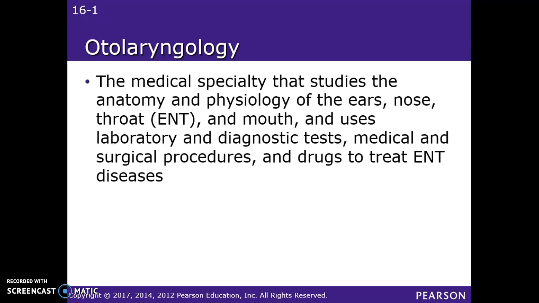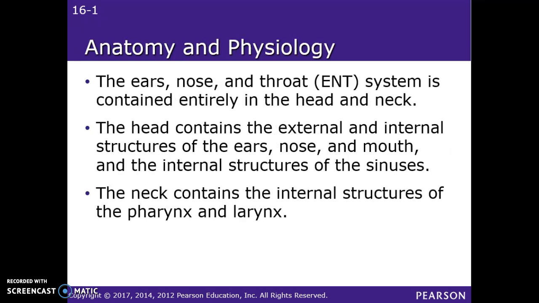So this particular tongue twister is the medical specialty that studies everything about the ear, nose, and throat and the mouth, because obviously that is connected to this system. So that is why they include that. Basically, this entire system is in the head and the neck. We have both internal and external structures.